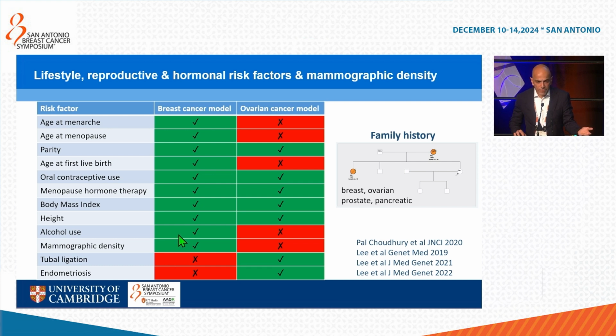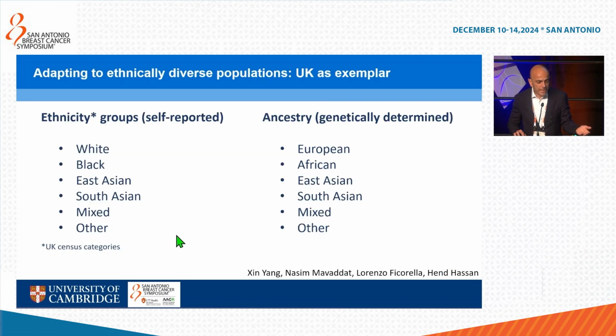Now, one of the challenges that we've had so far is that most of the data available have been on women from white populations or of European ancestry. So those models that have been developed until recently were more applicable to those populations. But we are now seeing more data emerging on more ethnically diverse populations as well.